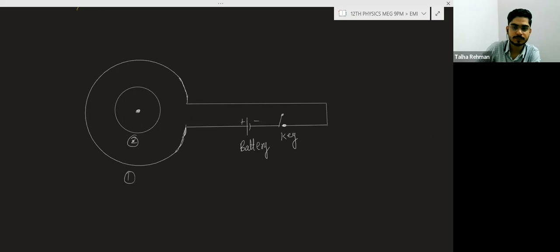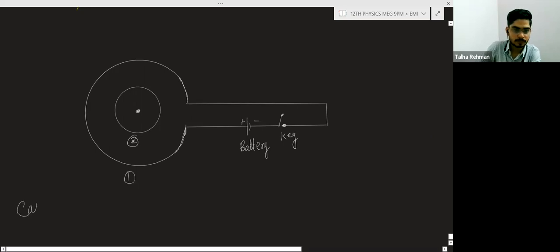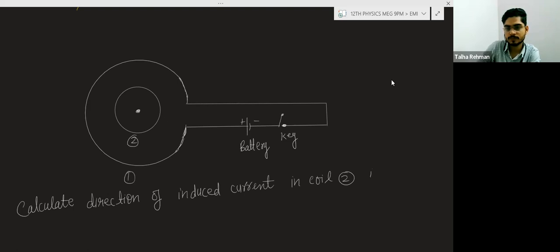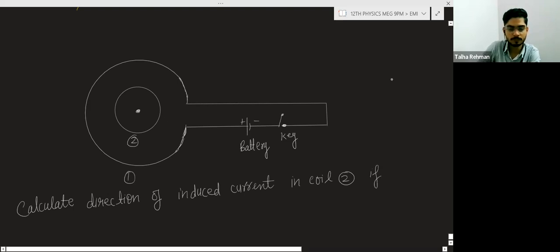And they are saying calculate the direction of induced current in coil number 2 if the key is just closed.